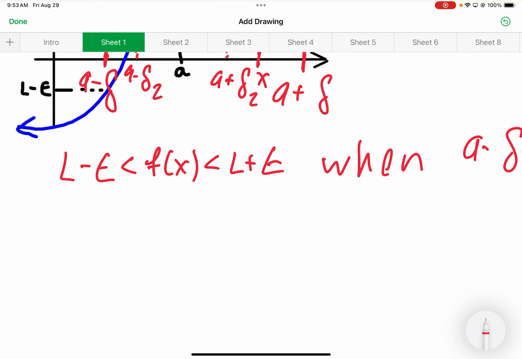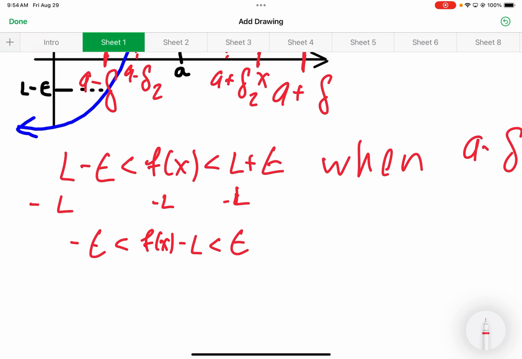Okay, but we can clean that up a little bit. If you notice for our first expression here, I have an L that's common amongst this compound inequality. So I can actually subtract L from each one. And then what that does, it gives me negative epsilon is less than f of x minus L, which is less than epsilon.